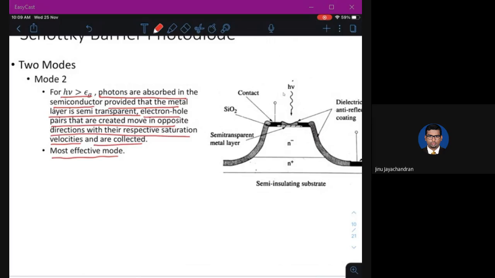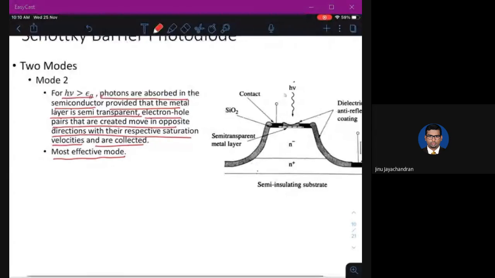This is the most effective mode. So if the metal is transparent, the photons can cross the metal, reach the n minus region, create electron hole pairs, and the pairs can move to the corresponding ohmic contacts to create a photocurrent. And this is the mode that we use in the Schottky barrier photodiode.